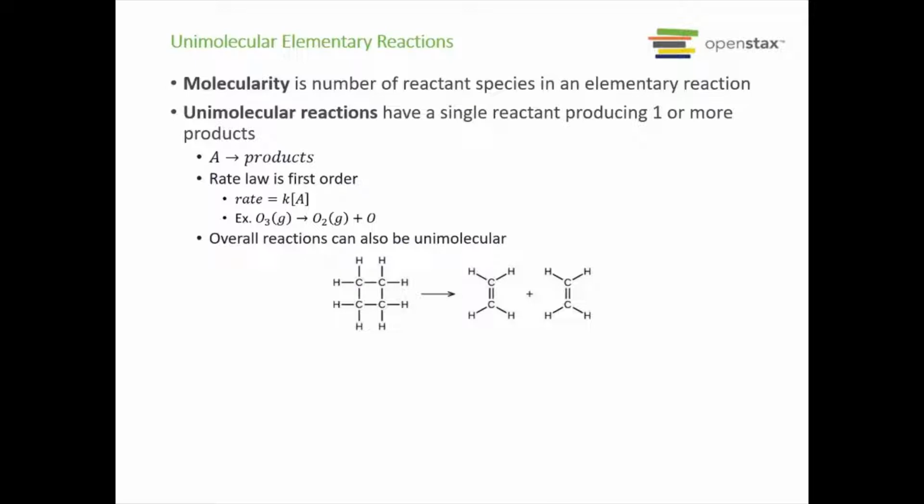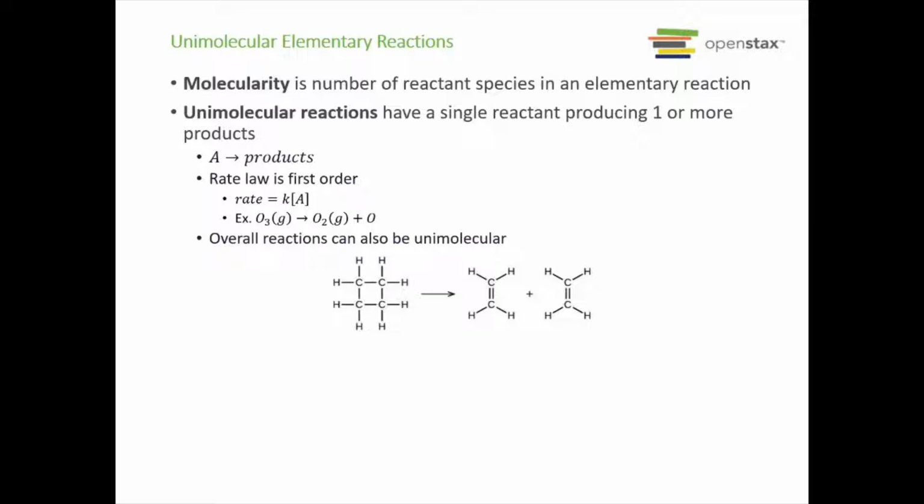You can also have it where the overall reaction is its own mechanism, so it's its own elementary reaction. In this example shown here, this is cyclobutane C4H8 forming ethylene C2H4.